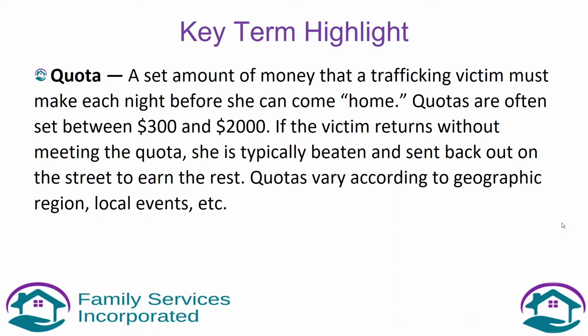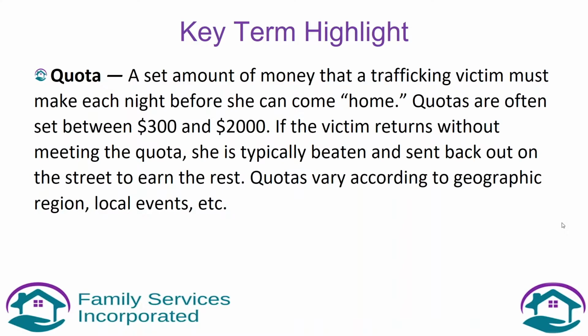Quotas vary according to geographic region, local events, etc. Remember, human trafficking does follow large events. So large sporting events, for example, Penn State football in this area, does increase the amount of human trafficking that is occurring in this area.